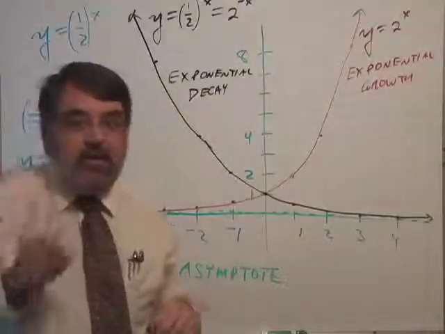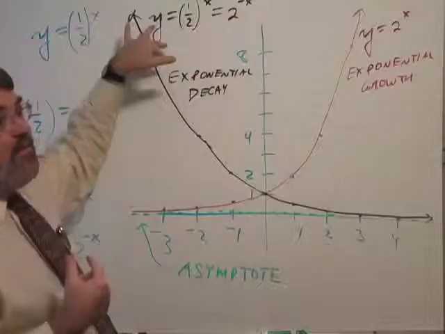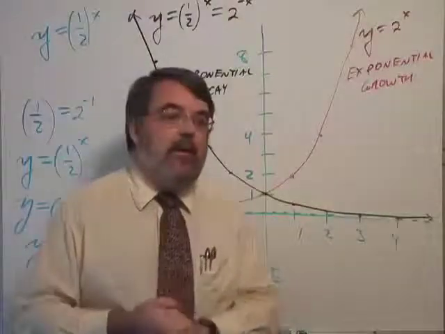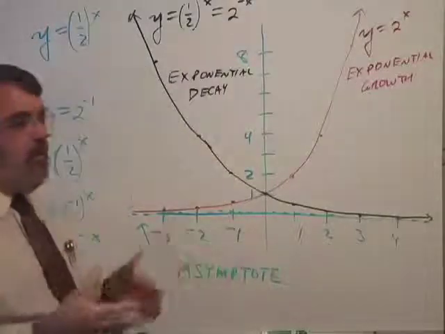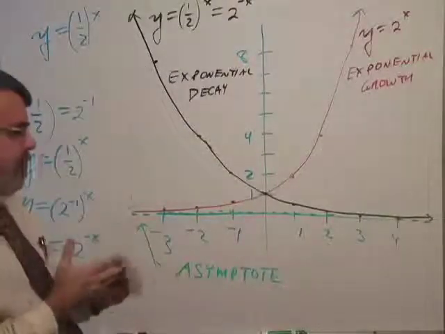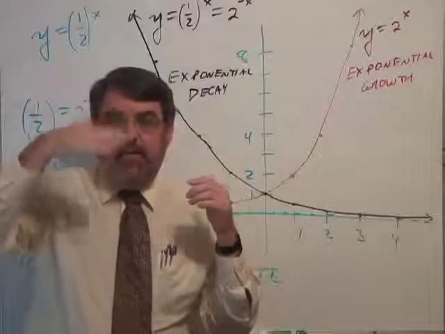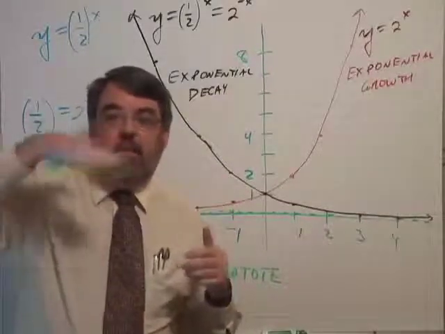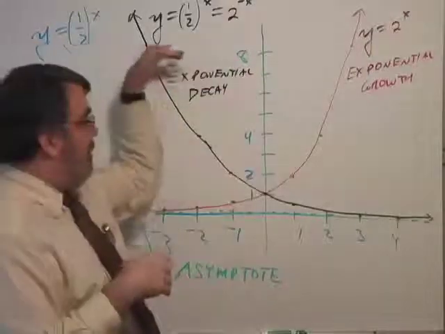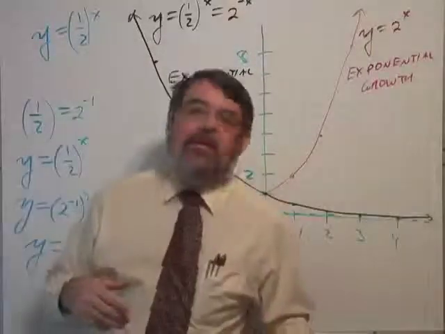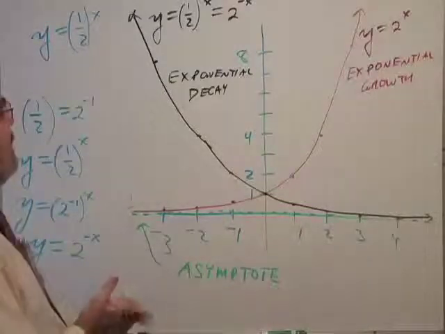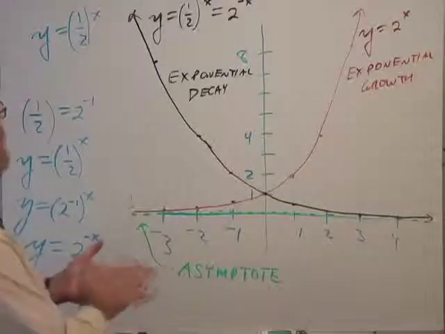So if you study electronics, you learn that capacitors discharge electricity according to this curve, and so you would have to know how to compute with that. If you pluck a string on an instrument, it eventually quits vibrating, and the rate at which it's vibrating falls off according to an exponential decay also. So it shows up in various kinds of natural processes.